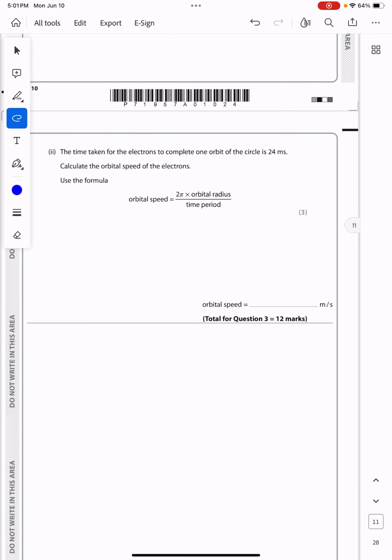Now the next one is the time taken for the electrons to complete one orbit of the circle is 24 milliseconds. So the time is 24 milliseconds. So I'm gonna transfer to seconds, which means times 10 to the power minus 3, or you can say divided by 1000. Well, it's easier for me to do it that way, so let's go with it.